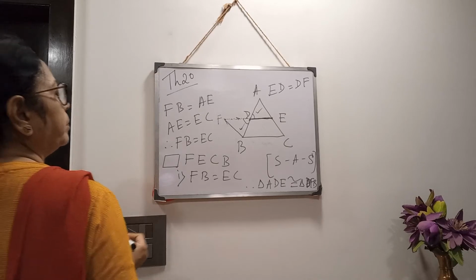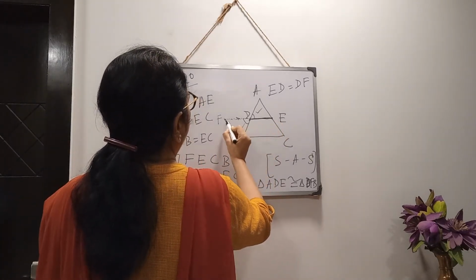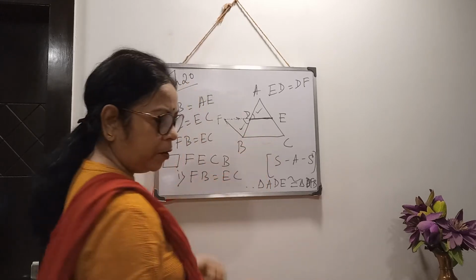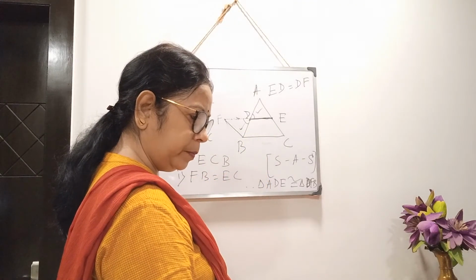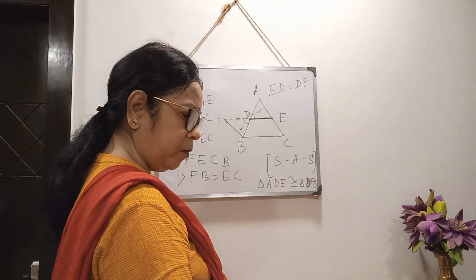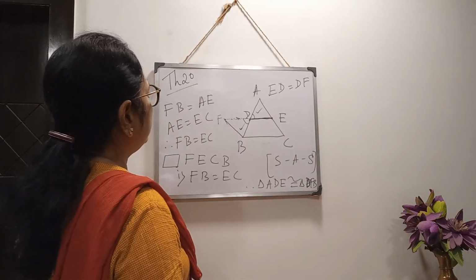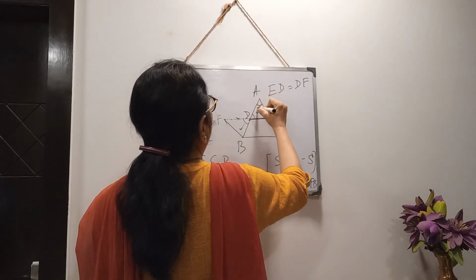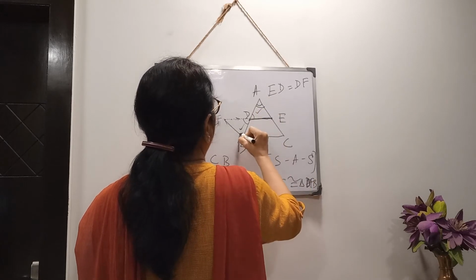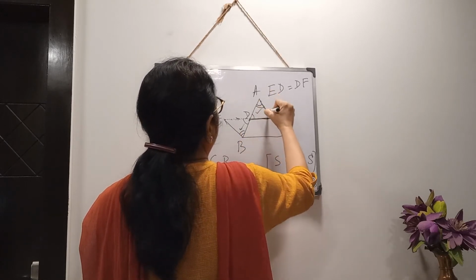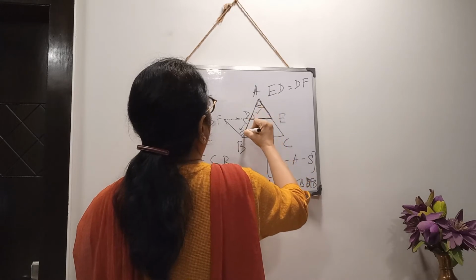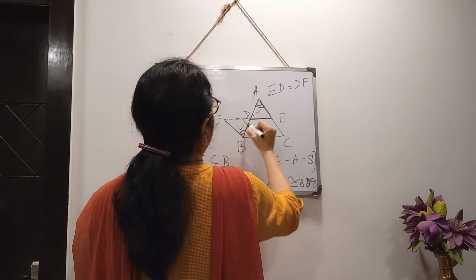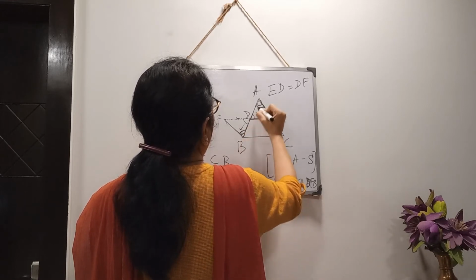And then another one: I am giving this double line, double bracket. You imagine this Z.